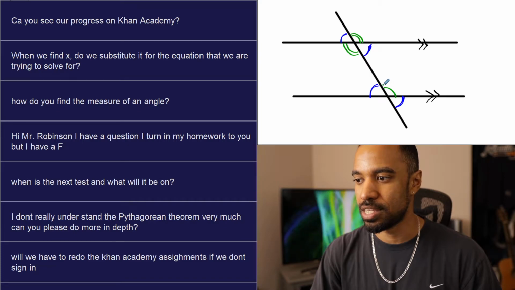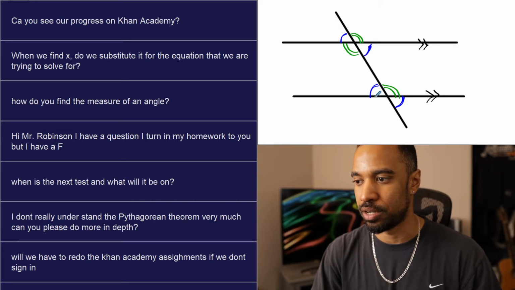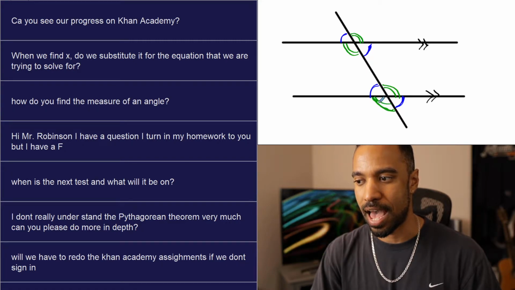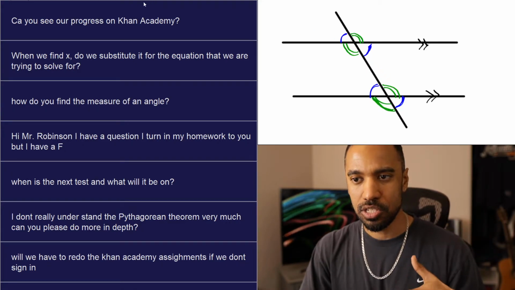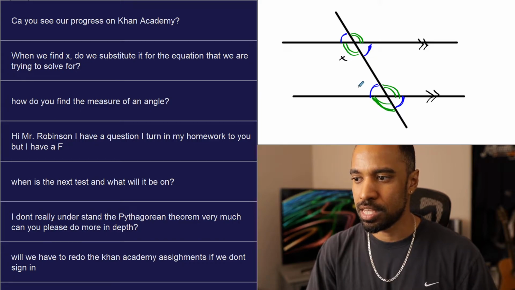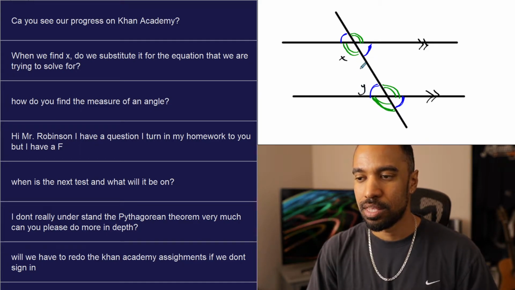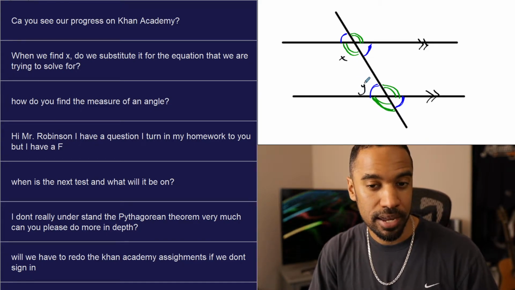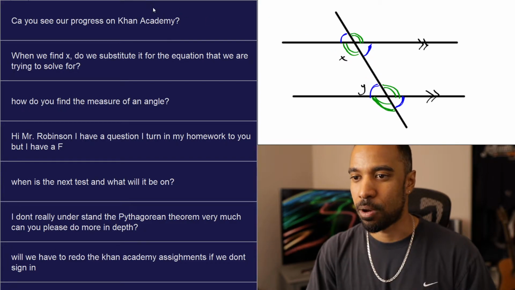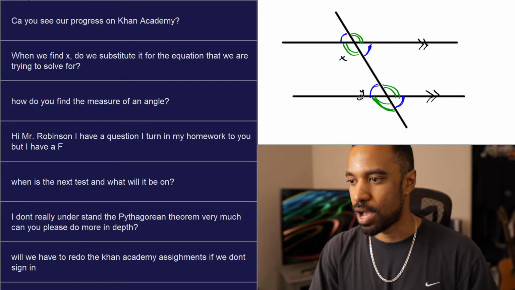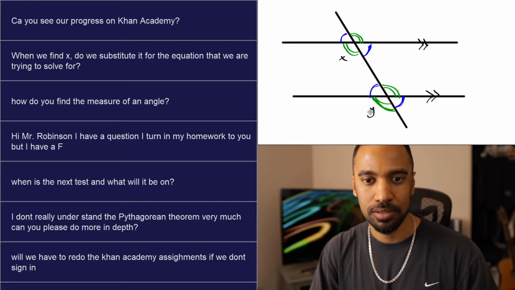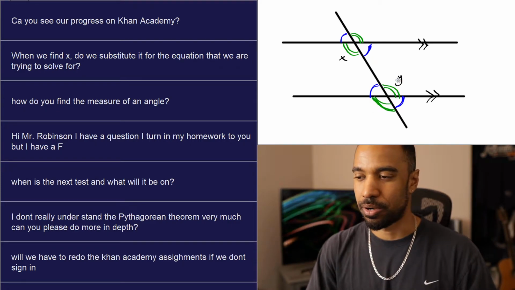So all angle sets in here are either congruent to each other or supplementary to each other, meaning they're either equal or they add up to 180. And there are all these different names for it. These two angles right here are called same side interior angles. X and Y like that are corresponding angles. These are called alternate interior angles.